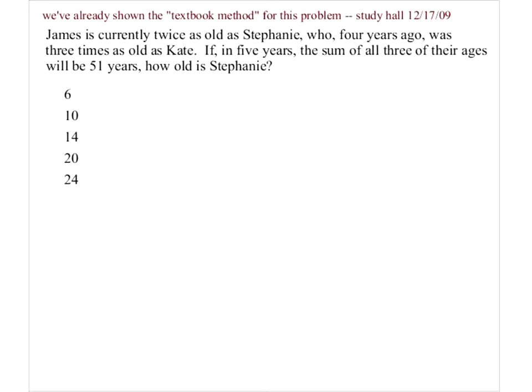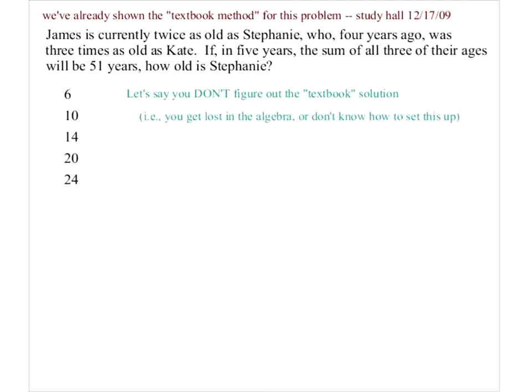But let's say you don't figure out the textbook method, i.e. the algebra is just confusing you. You get lost in the algebra or don't know how to set this up. We're not going to talk about the algebra today, because that was already done in the 12/17 session. Today's focus is techniques you can use to solve these if you don't know how to use the algebra.